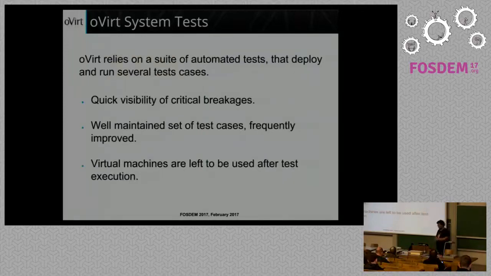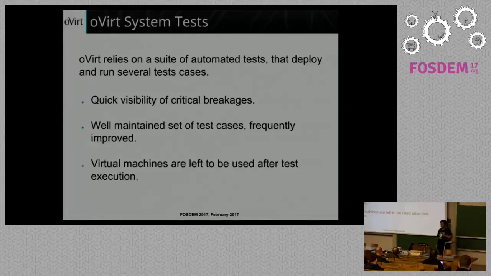And the good thing about system tests and about having automated tests is that you can quickly see big breakages or big issues on your project. Like if you have a patch that is really breaking the basic flows, it may still pass unit tests, but it won't pass system tests, because it is actually creating the machines, actually creating the VMs, actually trying to add hosts, trying to add storage, and so it won't pass.